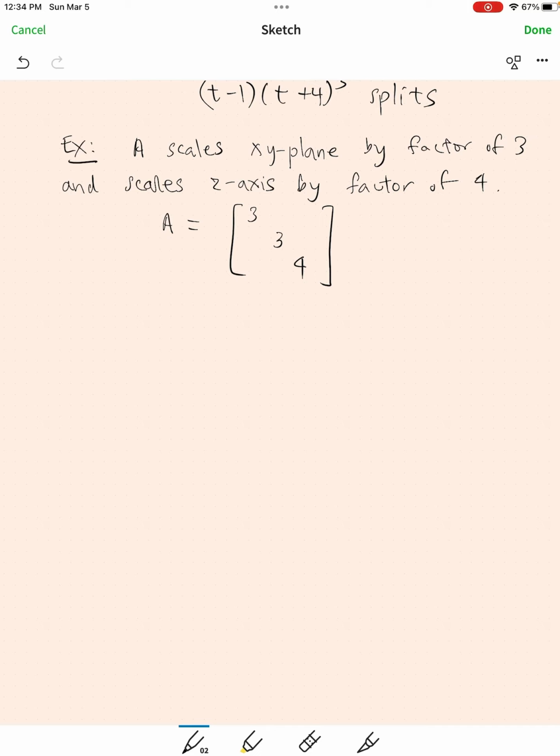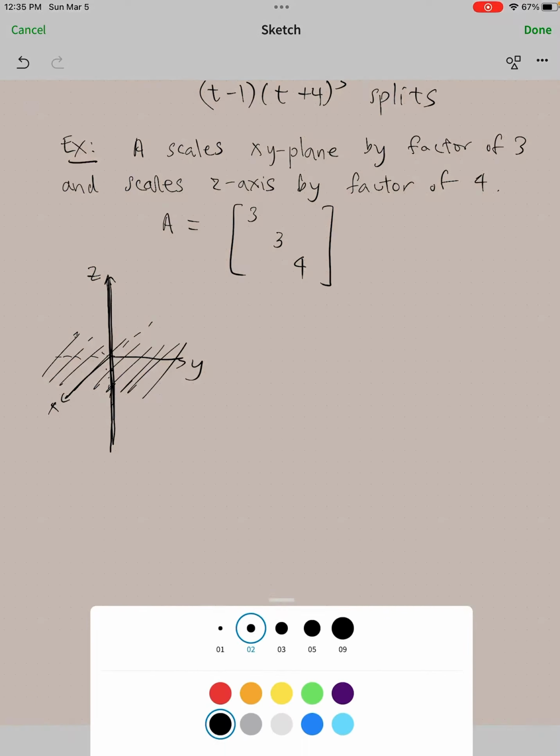We have the identity times D times the identity inverse. That's just going to equal D. So here's the x-axis, here's the y-axis, here's the z-axis, and then this plane gets stretched by a factor of 3, and then this line gets stretched by a factor of 4.